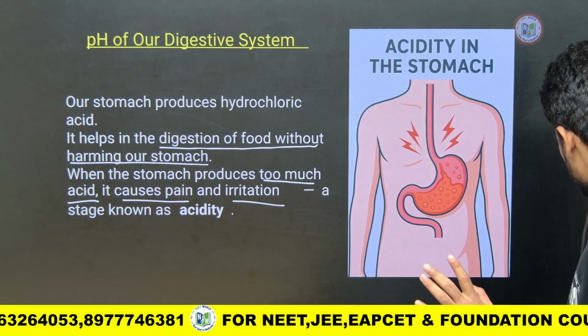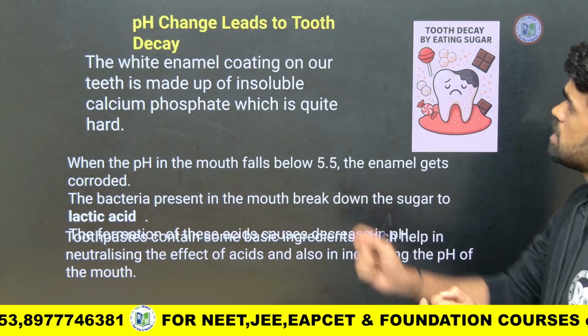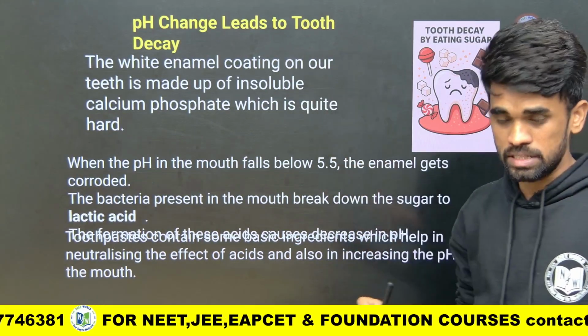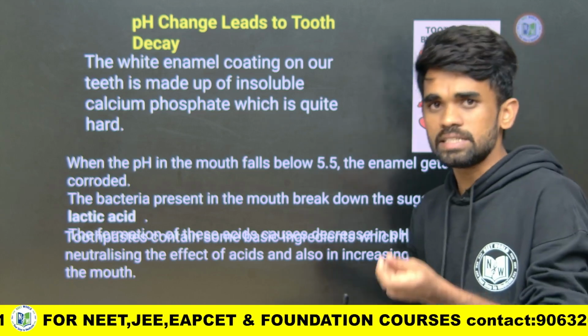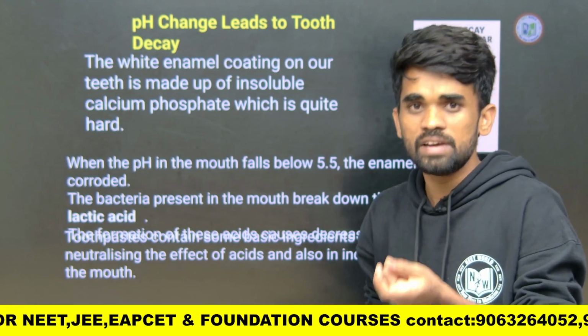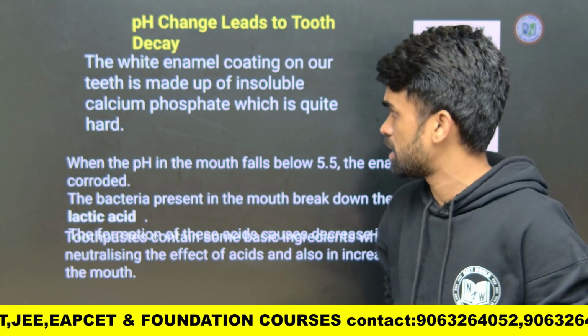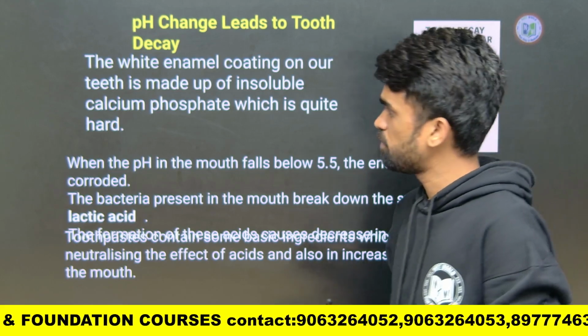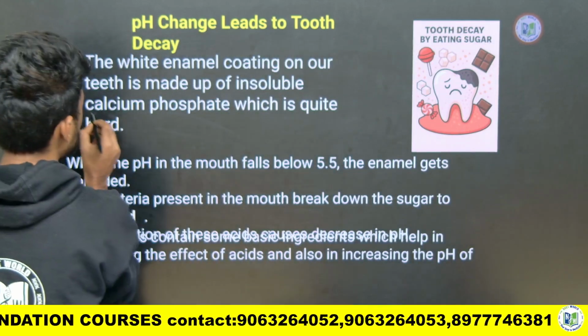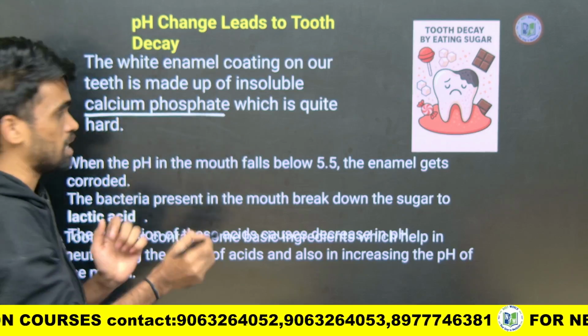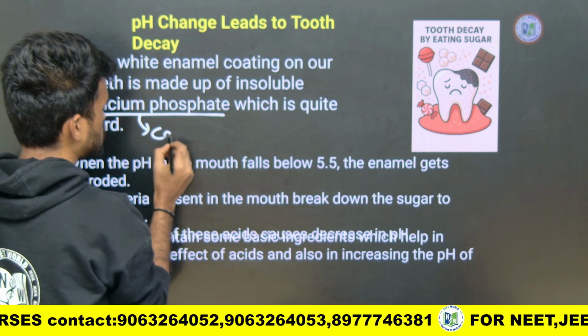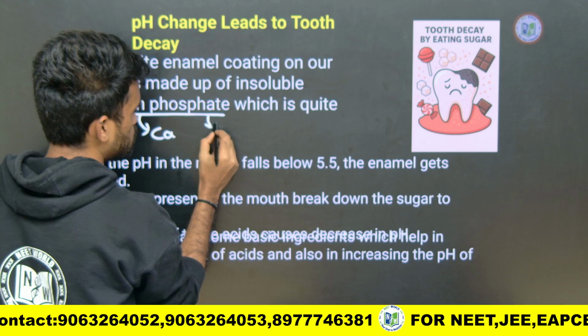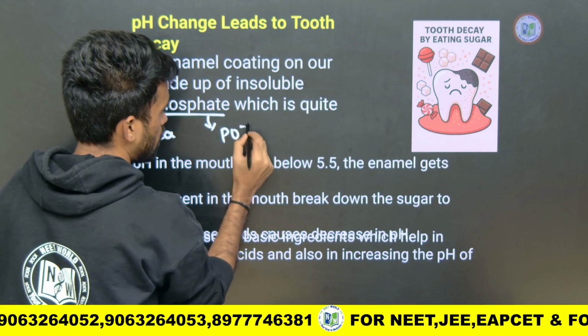Then next, pH change leads to tooth decay. Our teeth contain enamel, a hard substance made up of calcium phosphate. I am considering calcium phosphate as a salt which comes from calcium and the phosphate group, PO4 3-.